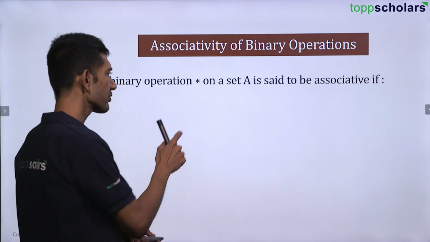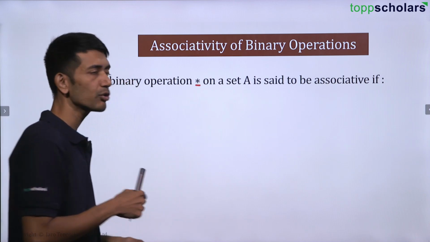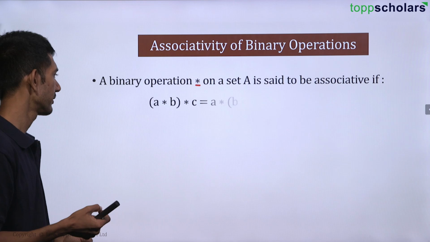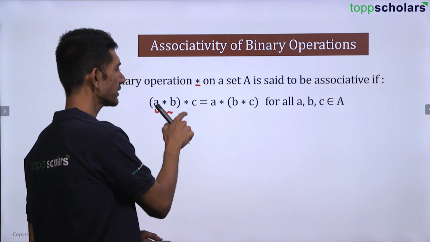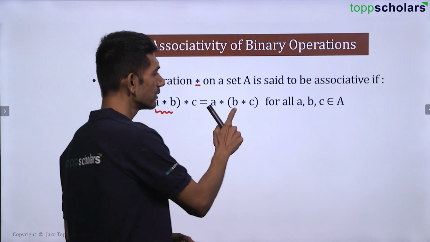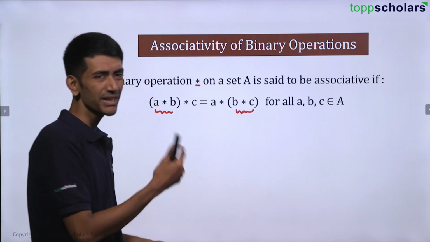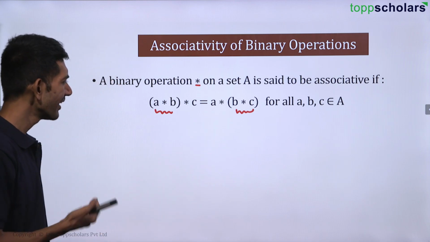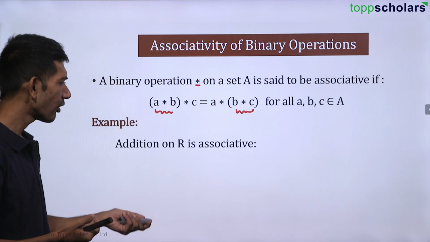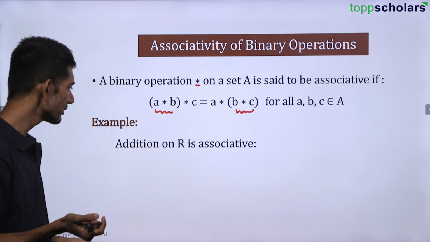A binary operation star on a set A is said to be associative if (A star B) star C is equal to A star (B star C), where A, B, C all of them belong to the set A. Again here we can take the example of addition on real numbers.